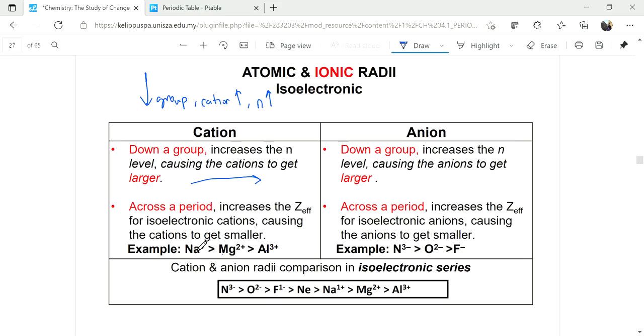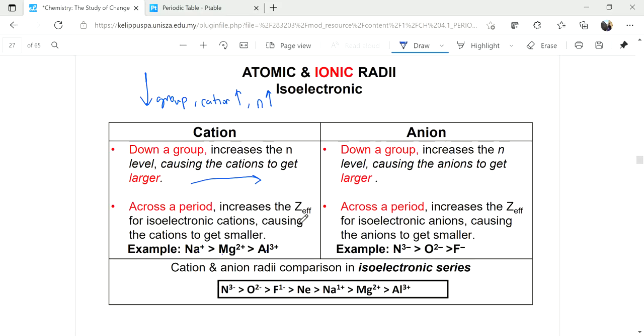The ionic radius of sodium plus is larger than the ionic radius of magnesium 2+. The ionic radius of magnesium 2+ is larger than that of aluminium 3+. So across the period, the ionic radius gets smaller because the effective nuclear charge is increased.